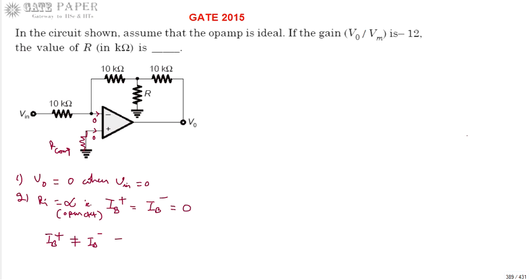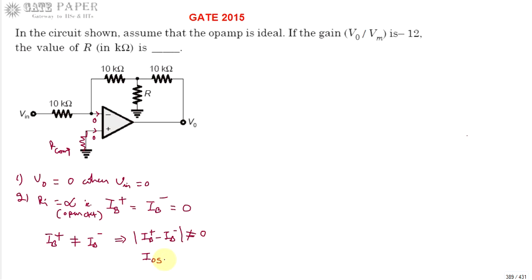So definitely there exists a difference IB plus minus IB minus. We don't know which is going to be larger, but the difference in currents is not 0. This difference is treated as the input offset current.